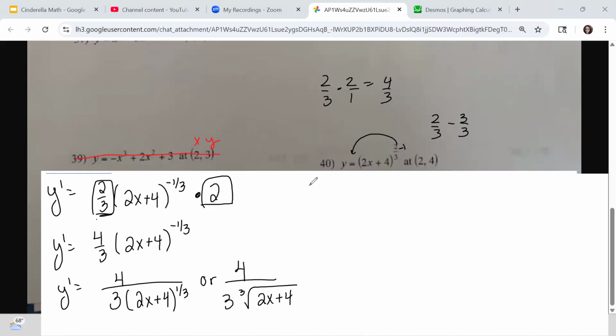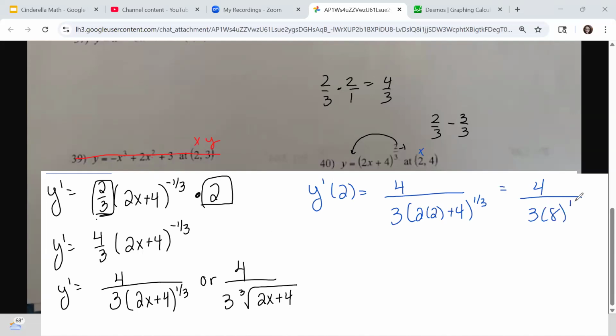Let's get our slope. So we're going to do that derivative, y prime, evaluated at our x value, which is 2. So that's going to be 4 over 3 times the cube root of 2 times 2 plus 4. So that's 4 over 3. 2 times 2 is 4. 4 plus 4 is 8 to the 1/3, or cube root of 8.